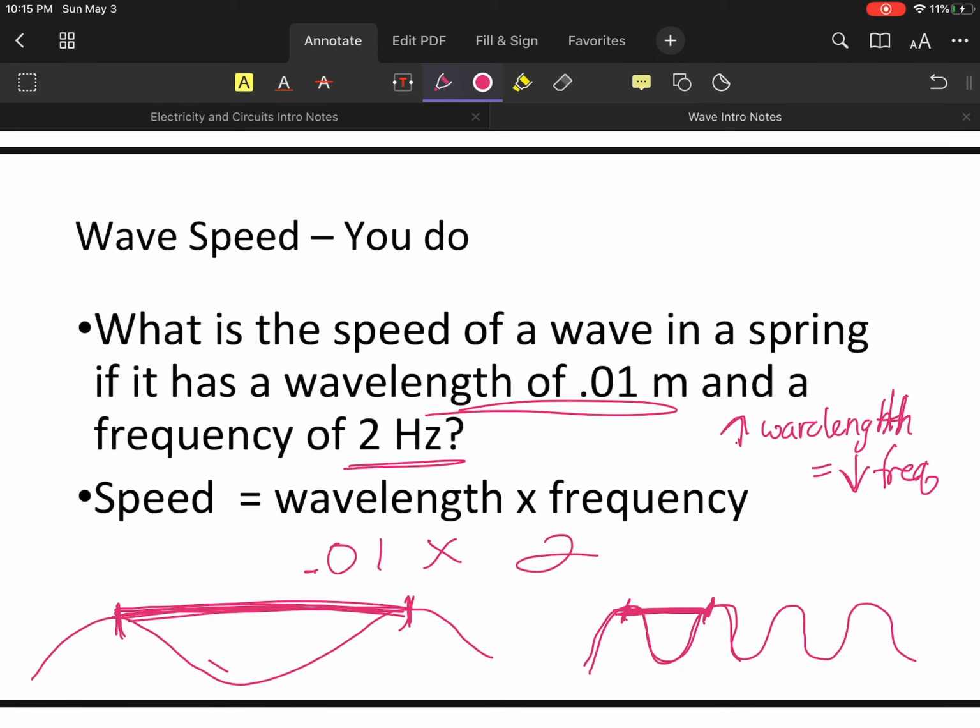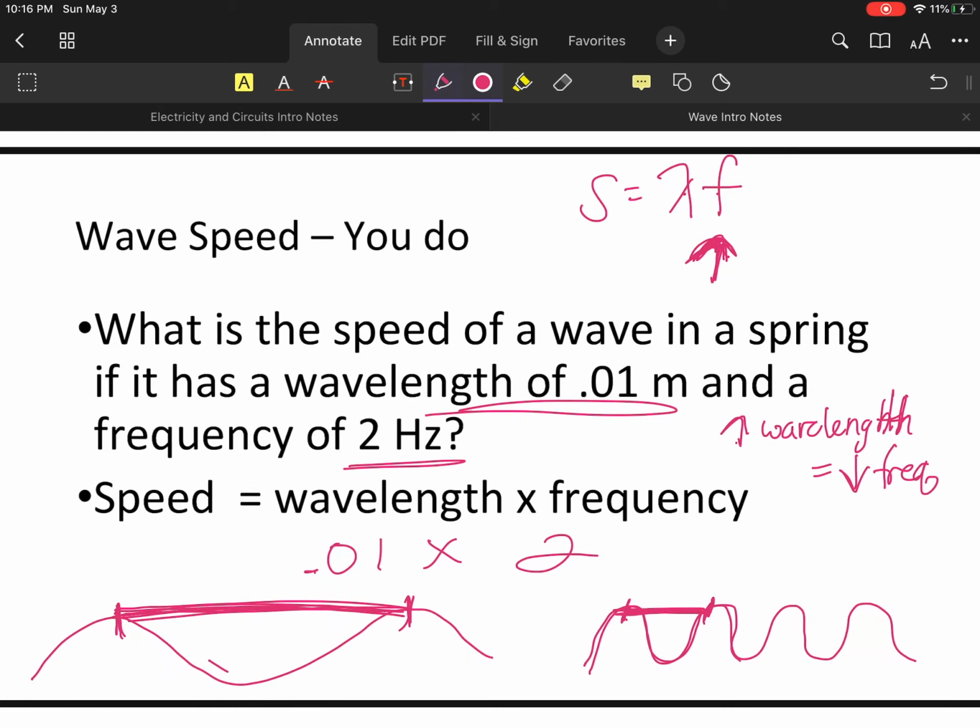One thing we also want to be able to look at is, how does wavelength and frequency change my speed? Which I can do pretty easily. Think about if I increase my frequency. If I make my frequency a bigger number on the right side, that just means my wavelength is multiplying by a bigger number.